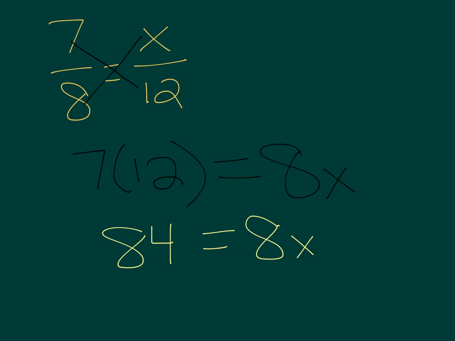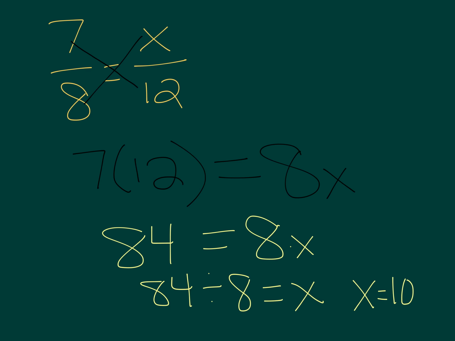So you're going to have to ask yourself, 8 times what number equals 84? Well, we're going to do some opposite operations here, and we know the opposite of multiplying is dividing. So 84 divided by 8 will give me what x is. So if you do that, you will find that x is 10.5.